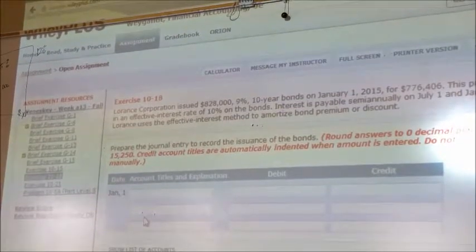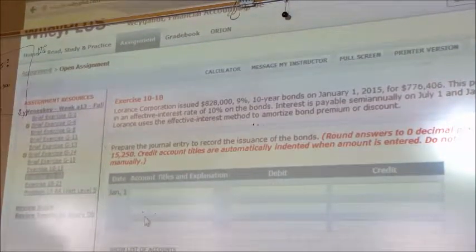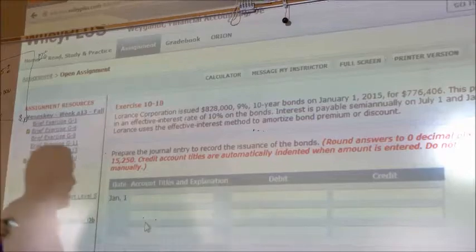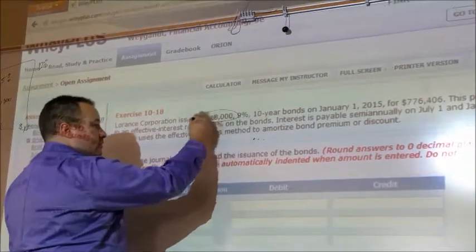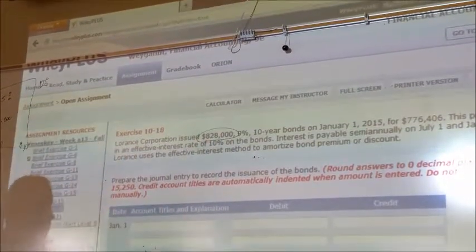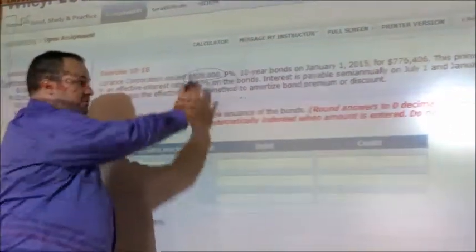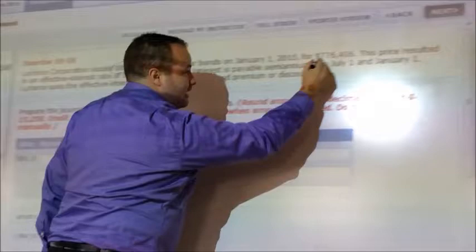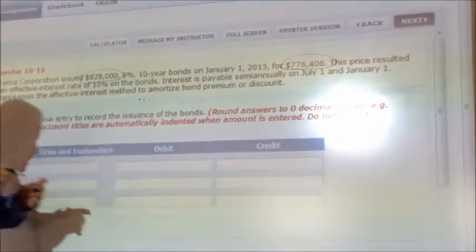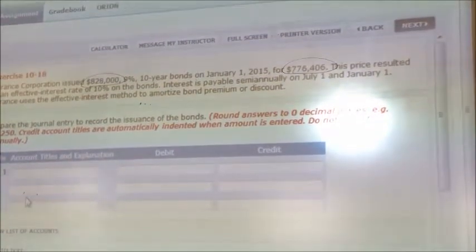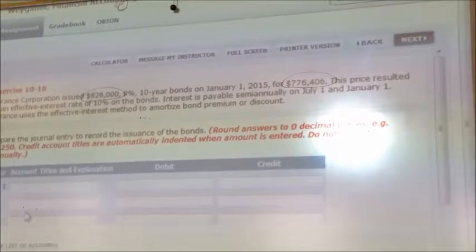Once you get down to like exercise 10-18 and you're doing bonds, they make it actually pretty easy on you. You don't have to do any more figuring with your charts. They tell you what the bond is worth, and then they also give you the answer too. They tell you how much you sell it for.